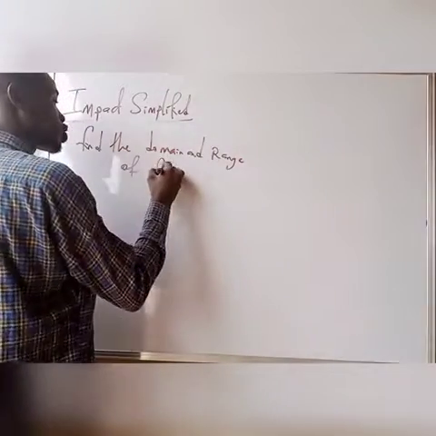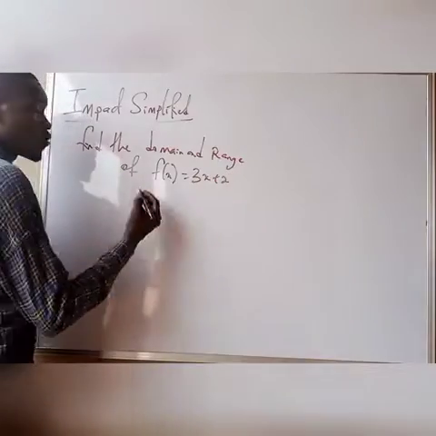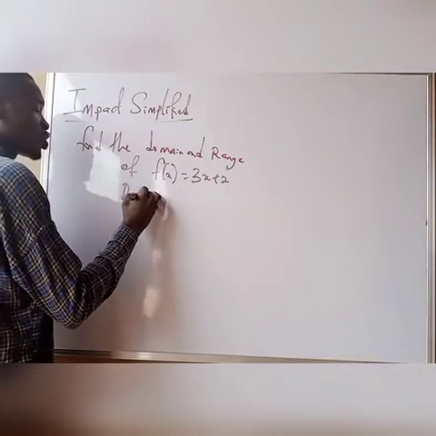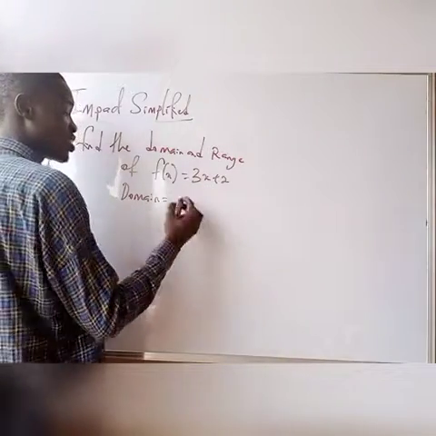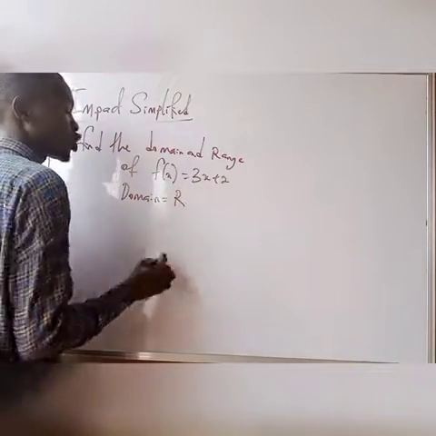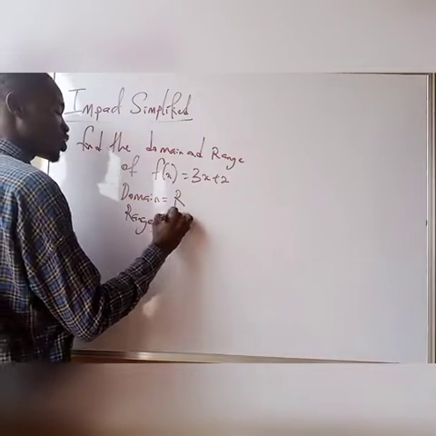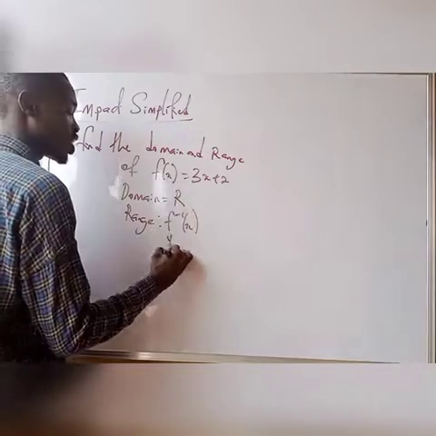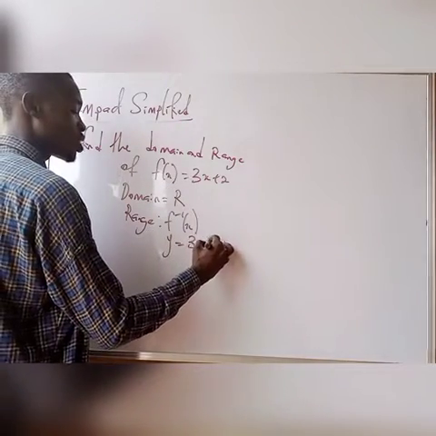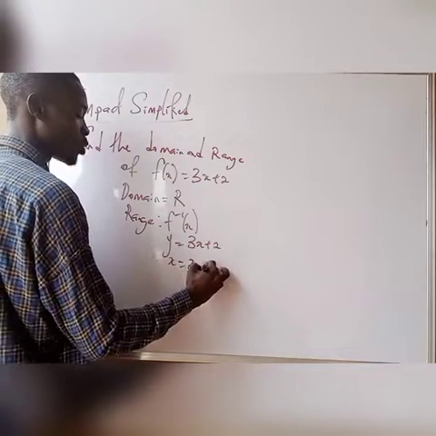Now let's change the function to f of x is equals to 3x plus 2. So for this also, what is your domain function? Your domain function from this is not having any denominator nor square root. That means your domain function is real. And how can you get your range? You have to get your range from the inverse of the function. So get the inverse of the function, change this to y. We have y is equals to this, and then interchange. x is equal to 3y plus 2.